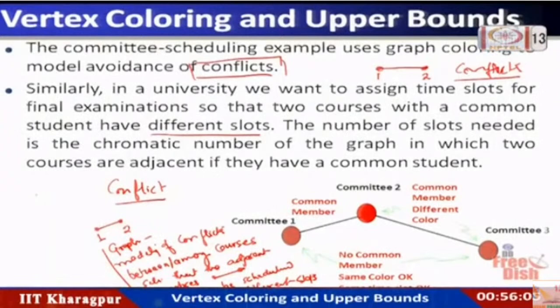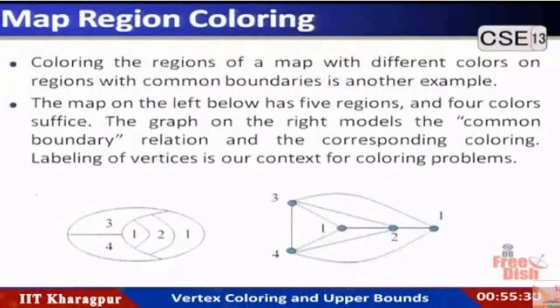So that kind of particular problem can easily be modeled in a form of a graph, and that will basically capture the conflict relation, and then basically the chromatic number, that means how the coloring is to be done in that particular graph, and that number of colors, minimum number of colors required, that is called chromatic number of a graph, will tell what is basically the best possible way that particular problem can be solved.